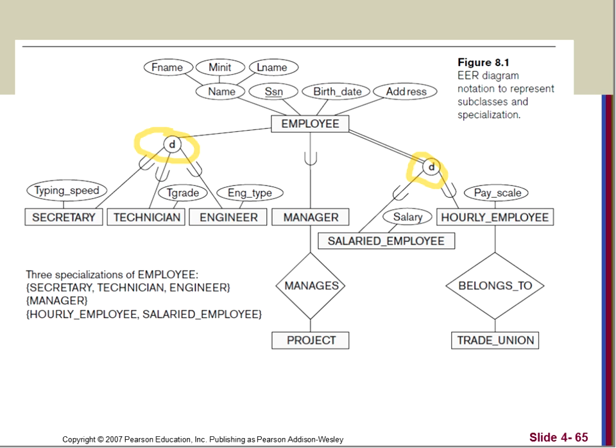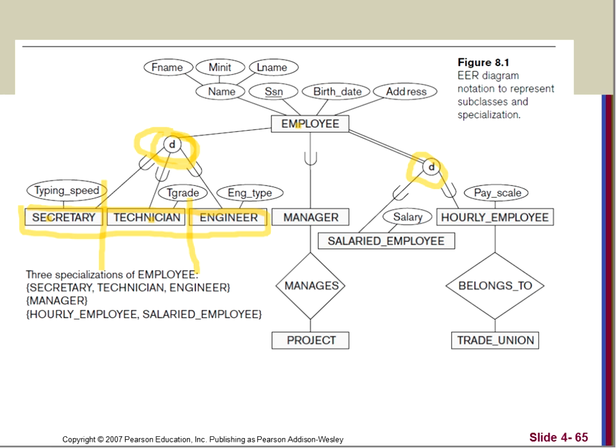Then, if the subclasses do not overlap, which means disjoint. Disjoint means each employee should be a secretary or technician or engineer. At that time, this is a disjoint super and subclass.